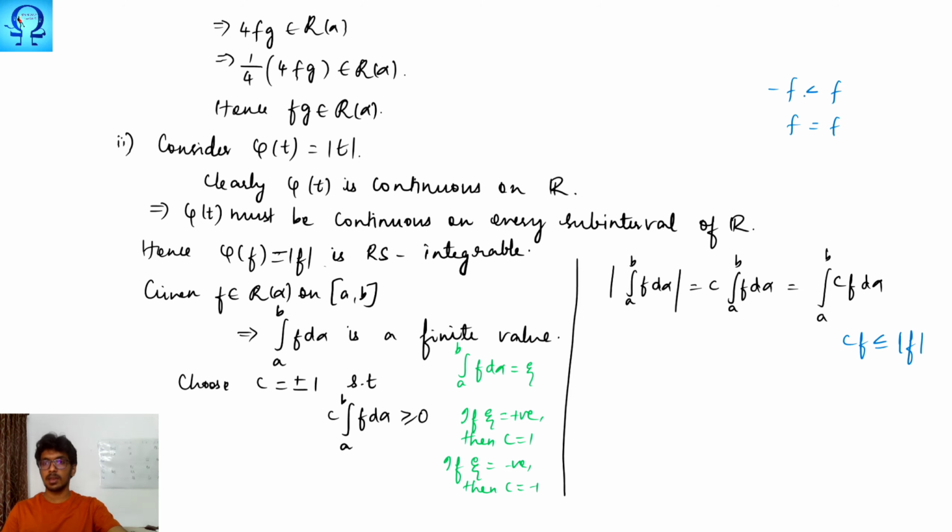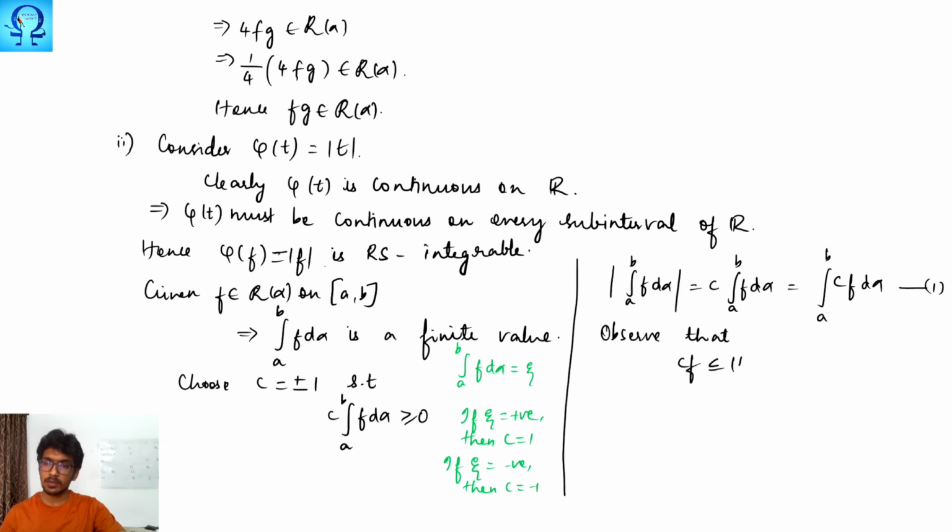Here it will be the case. So combining these two things, what am I going to get? I am going to get C f is smaller than or equal to absolute of f. Okay, so we mark this as equation 1 and observe that C f is smaller than or equal to absolute of f.